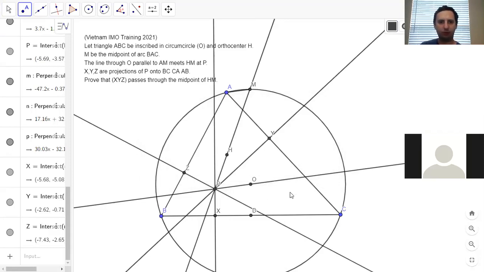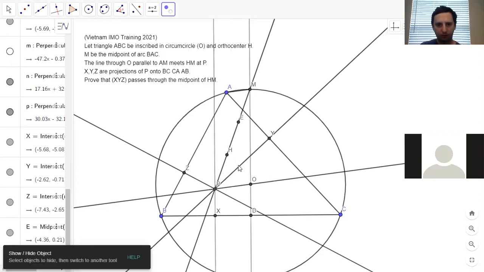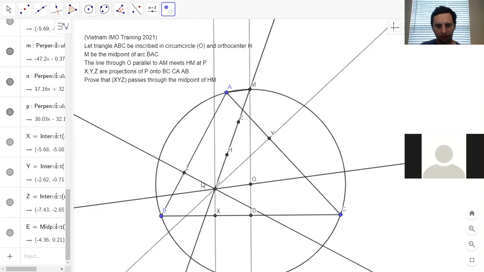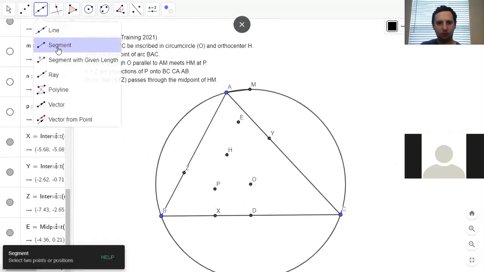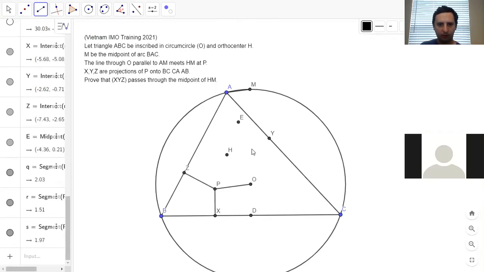We want to show that the circumcircle of XYZ passes through the midpoint of HM. So let's draw that midpoint. All right, and now I'm going to hide some stuff. Okay, so I want to draw OP, then PX, PY, PZ.